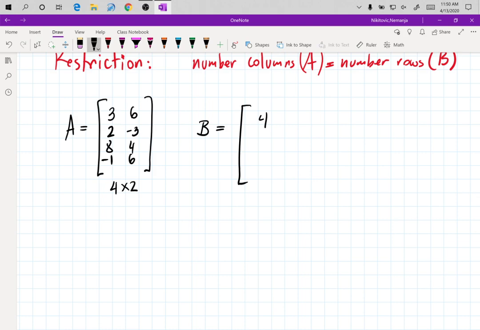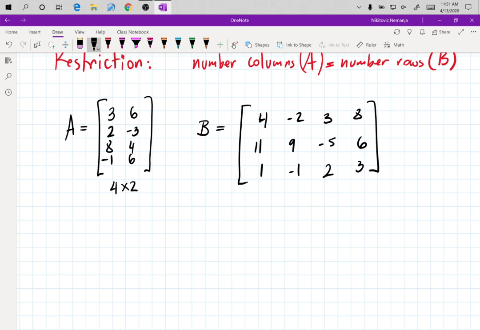4, -2, 3 and 8, 11, 9, -5 and 6, and 1, -1, 2 and 3, whatever.